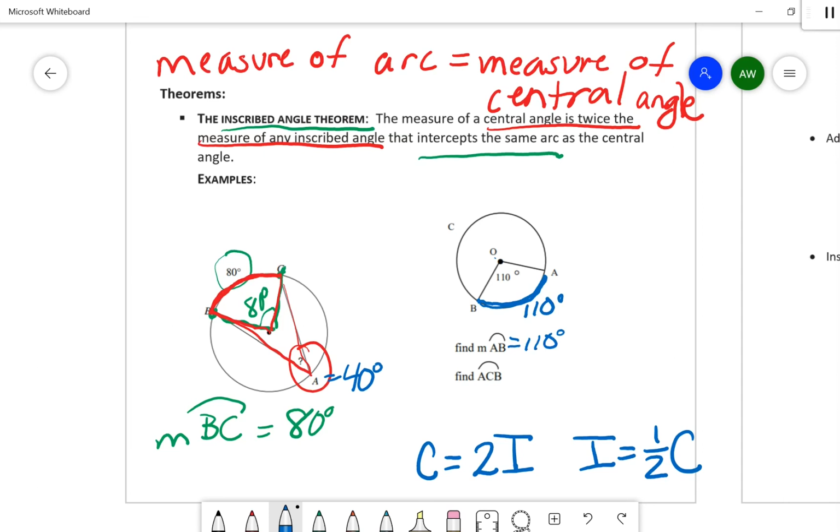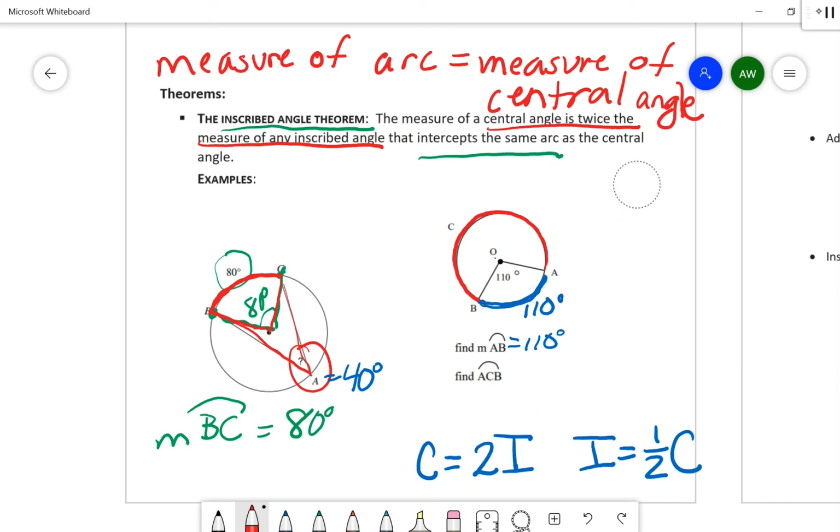Now let's talk about the major arc ACB, right? This major arc here. Now that major arc is the rest of our circle, right? Now if we had an angle that spanned an entire circle, right? So if I had an angle whose beginning and end was at the same place and I was going the whole way around the circle, we would say that that was 360 degrees, right?